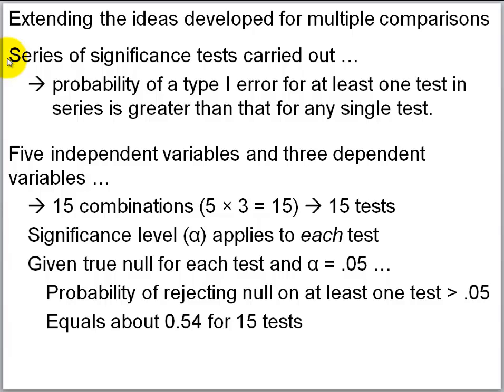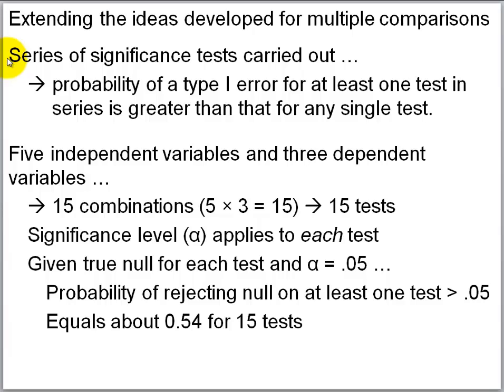The probability that you will make a type 1 error for at least one test that you carry out is greater than that for any single test. So if we presume the null to be true for any given single test, the probability of type 1 error equals alpha, the selected significance level.